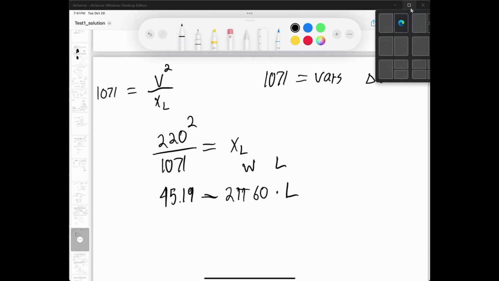So we're going to divide by 2 pi 60, and we get 1.119 equal to L. Or you could round and say 0.120. It'll be the same. It's close enough. That's number 5.